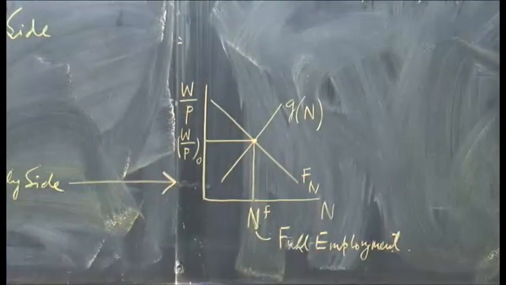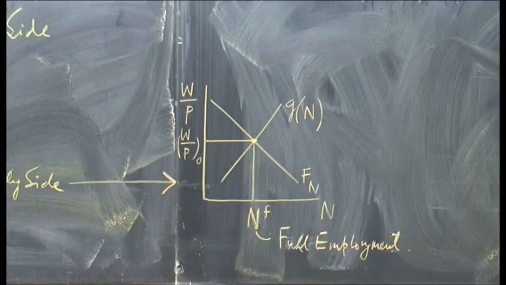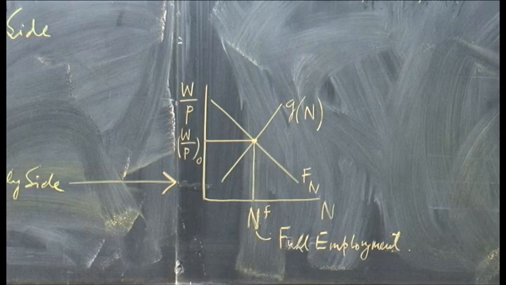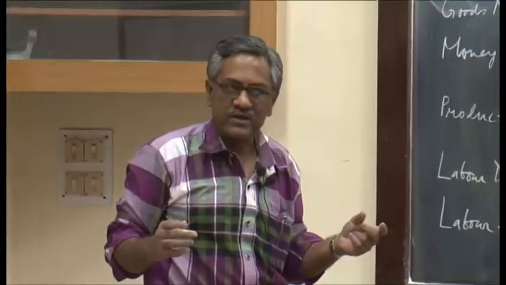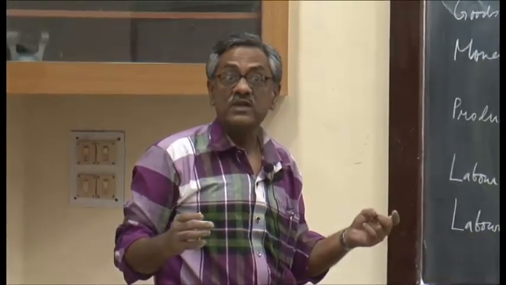This is the full employment point, right? So this is the simultaneous equation model. A supply and a demand line together would solve two variables simultaneously, W over P, which is the real wage, and N, the amount of employment. And that employment is a very special employment.